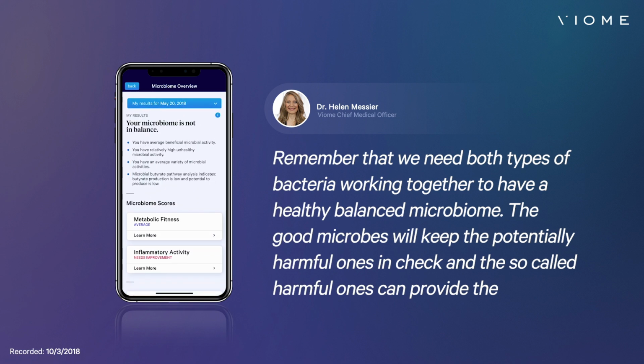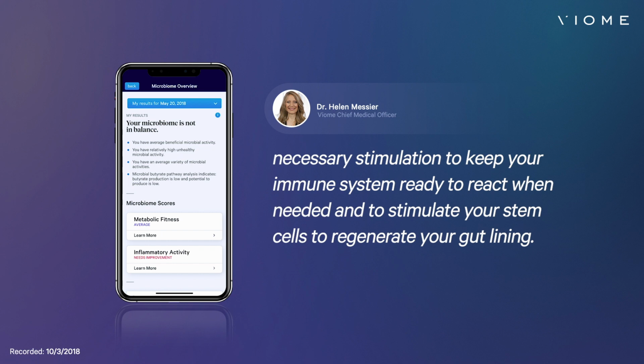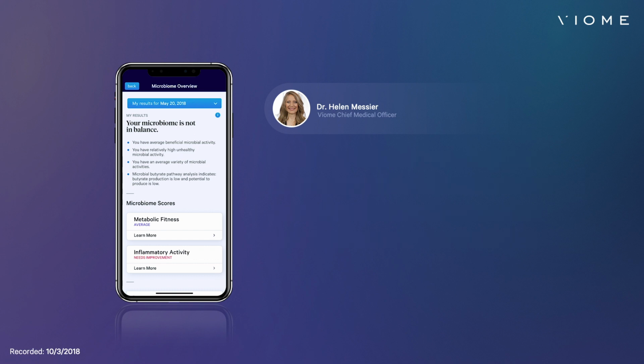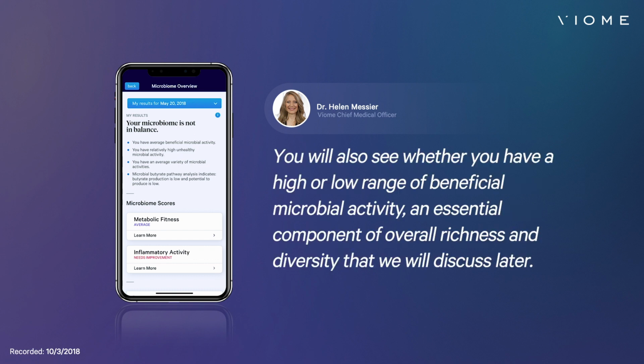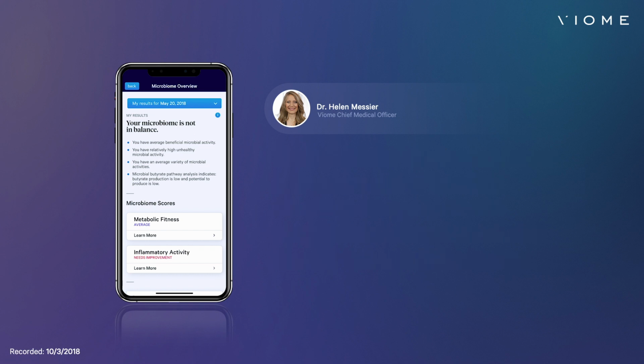The good microbes will keep the potentially harmful ones in check, and the so-called harmful ones can provide the necessary stimulation to keep your immune system ready to react when needed and to stimulate your stem cells to regenerate your gut lining. You will also see whether you have a high or low range of beneficial microbial activity, an essential component of overall richness and diversity that we'll discuss a bit later.